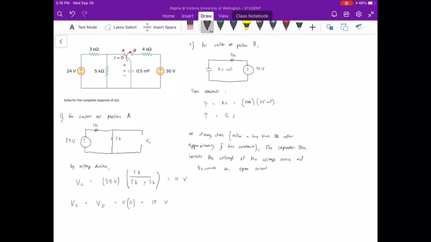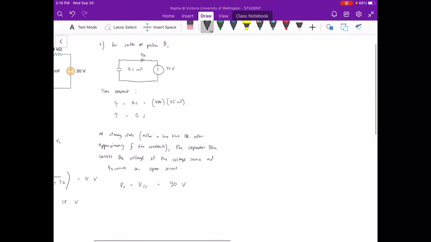So when the switch is at position B, what happens after a long time is that our 0.5 millifarad capacitor will carry the same voltage as the 30 volt source. That basically means that our Vs, or our steady state voltage, is equal to 30 volts.